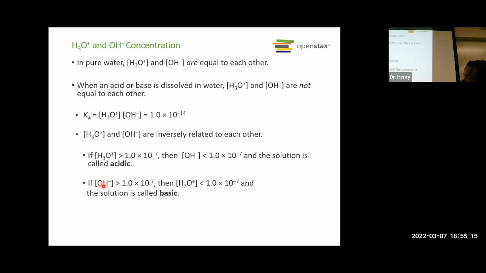Then if the hydroxide ion is greater than 1.0 times 10 to the minus 7, then the hydronium ion is less than 1.0 times 10 to the minus 7. And that solution is called a base. And so this is how we associate it to the pH, right? Because we know that scale is made.